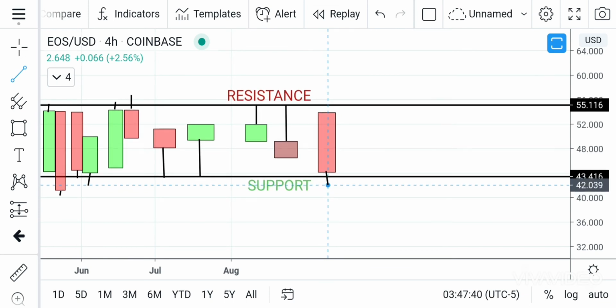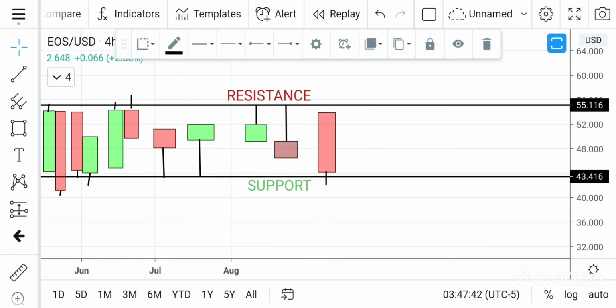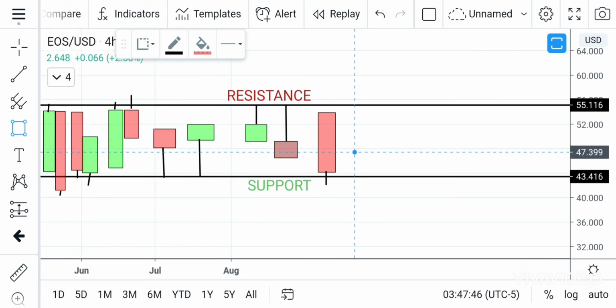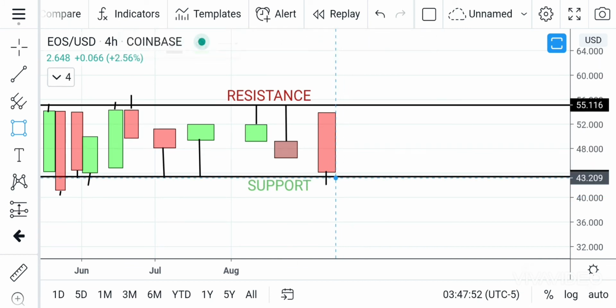So what happens is that the next candle that is going to open is going to be an inside bar, a bullish candle. It's going to open somewhere here and a little bit to the top like this.